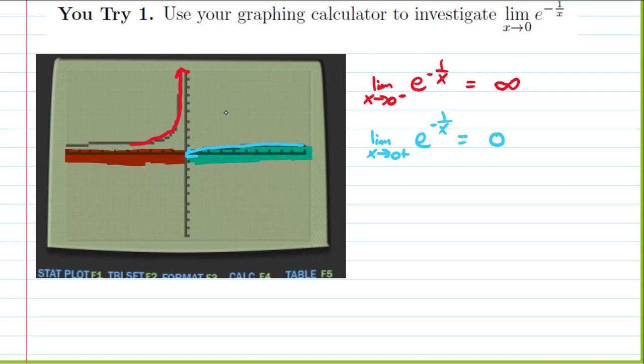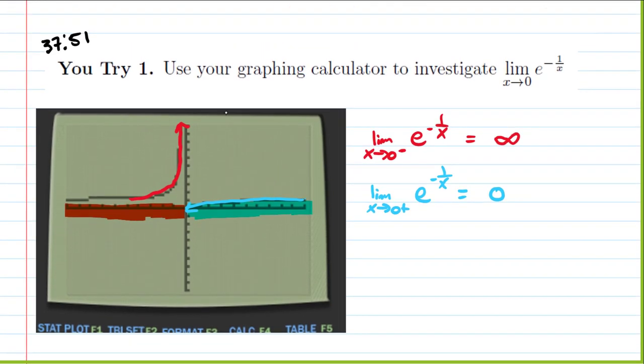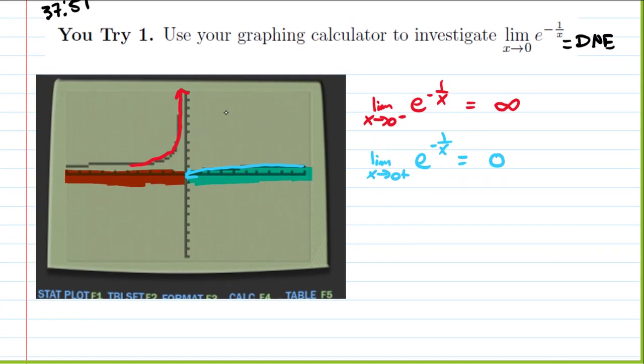So if the left limit goes to infinity and the right limit goes to 0, are those two things the same? No. So does the two-sided limit exist? No. So the answer to this is does not exist. The two-sided limit does not exist.